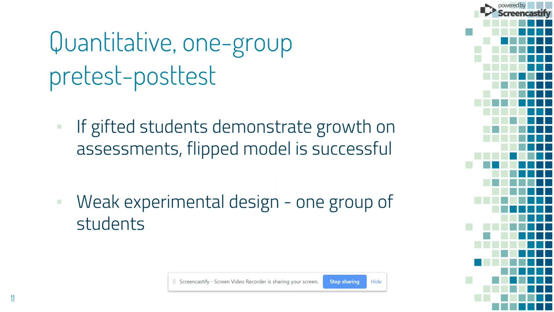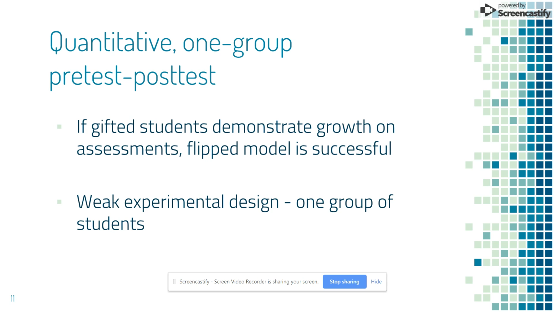So my research design, I'm using a quantitative one group pre-test post-test design. So if my gifted students demonstrate growth, then this model is successful. However, this is a weak experimental design because I'm only looking at one group of students. I have the only 8 gifted math students in my whole building in my classroom, so I'm not able to compare them to another group.